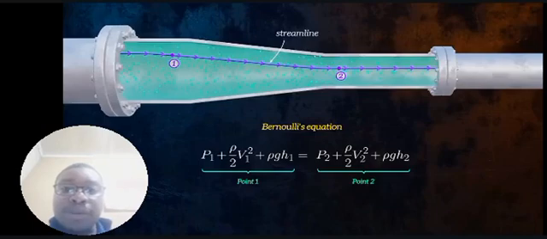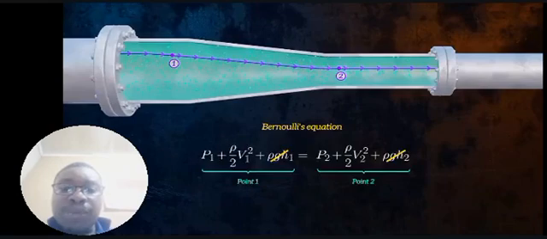So we can write an equation for the particle at point number 1 and write an equation for the particle at point number 2 and equate these two, because these two equations will always add up to a constant along a streamline. So we can equate as shown there.